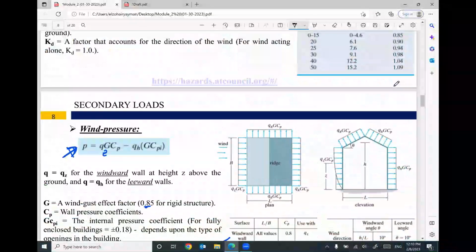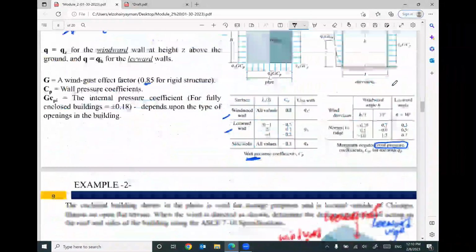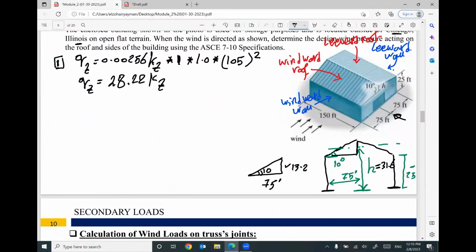Since we have a table here for every height level, we have a value for Kz. So I will divide the Qz that I got for different elevations: Qz from 0 to 15, Qz from 15 to 20, Qz from 20 to 25, Qz from 25 to 30.